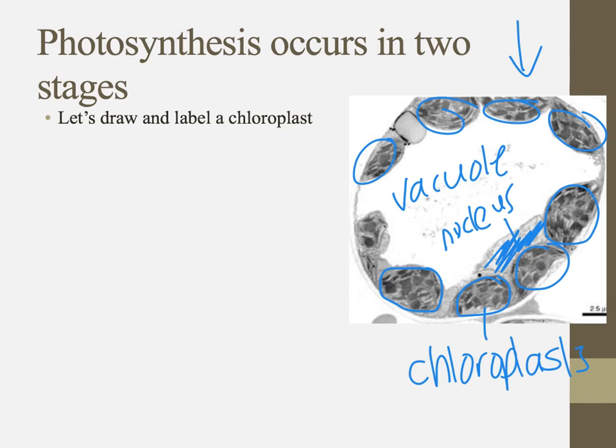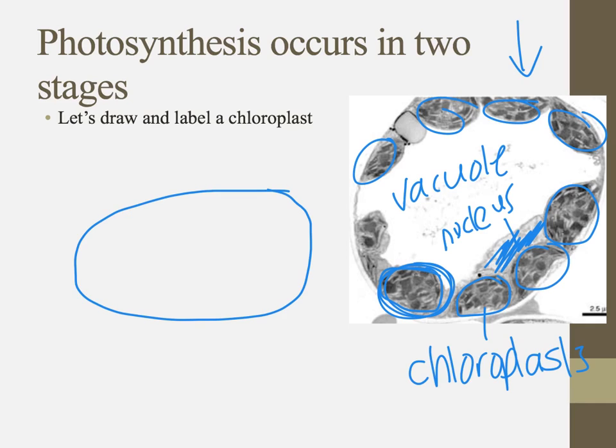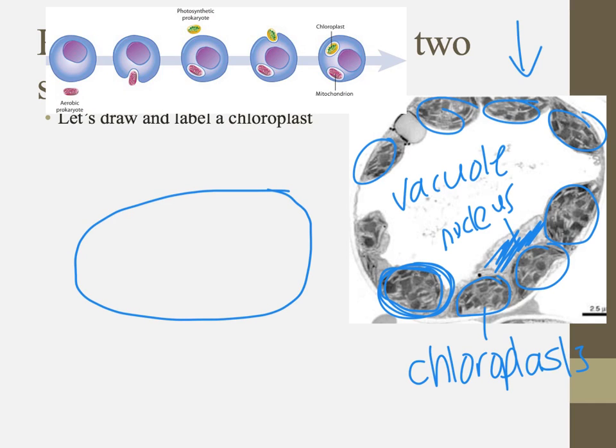What we're going to do is attempt to draw one of these. I'm going to draw it like this. And just like the mitochondria that we've discussed earlier, we think that chloroplasts were once engulfed by early eukaryotes in what we call the endosymbiotic theory.